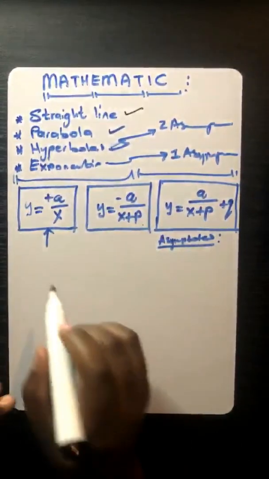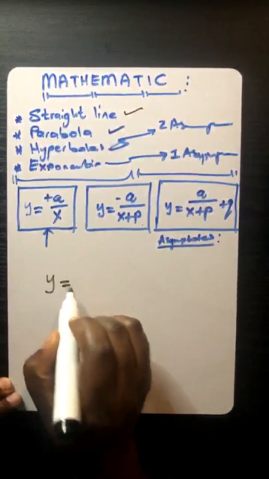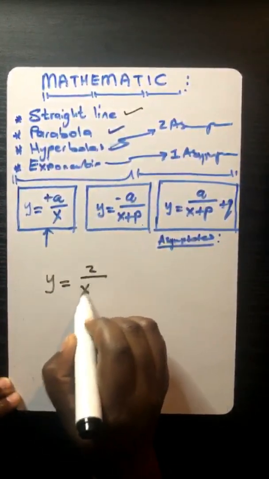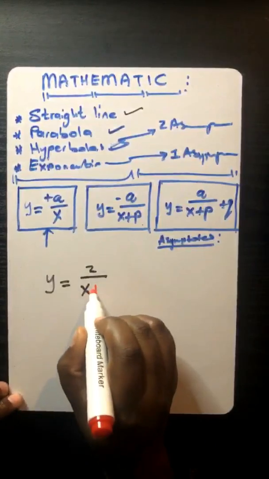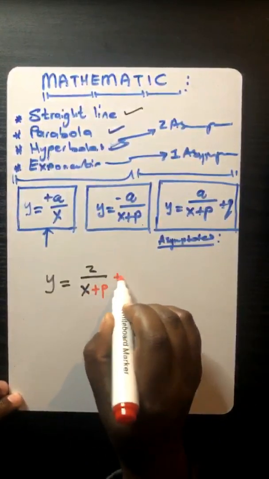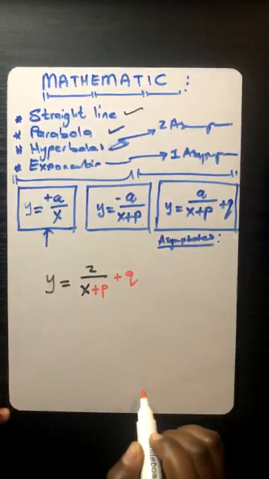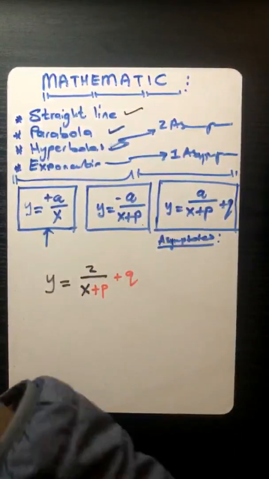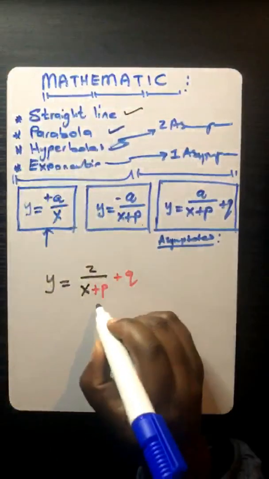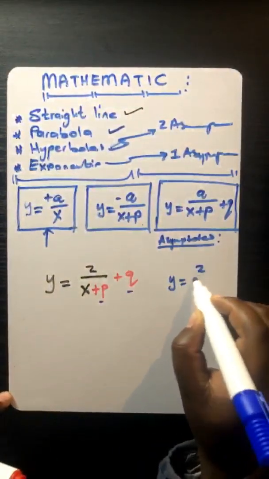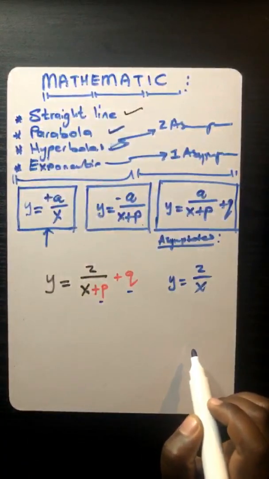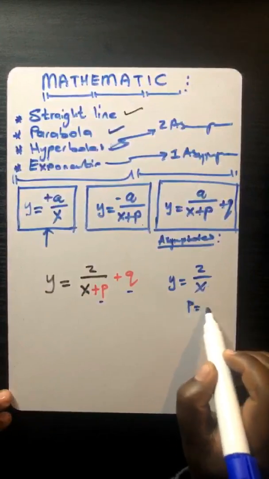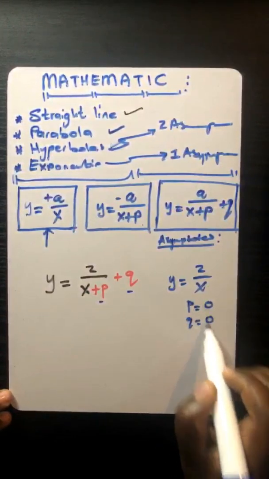If you've got, in grade 10, y equals, let's say, 2 over x, just know that the complete formula has a p and a q over there. But in grade 10, there is nothing there. It is just going to be, for example, 2 over x. But just know there's an invisible p and an invisible q. If p is invisible, it means your p value is 0. If q is invisible, it means it's 0.